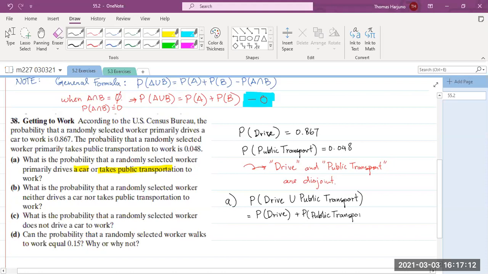Let me write the third term: minus the probability of the intersection, drive and public transport. But we know that will be 0, right? So this is 0.867 plus 0.048 minus 0. Then I will use my calculator. I get 0.915.